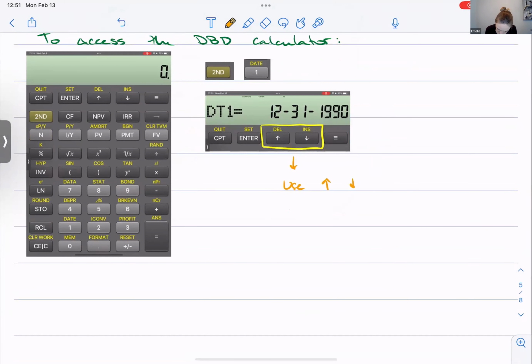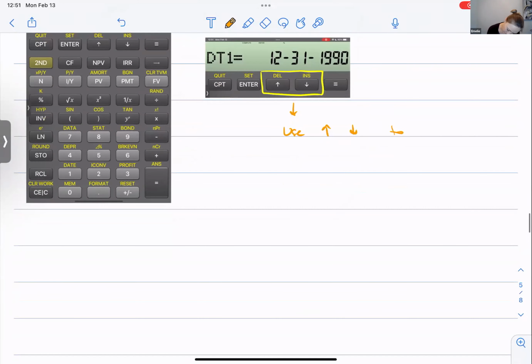Use up and down to scroll between DT1, DT2, and DBD.